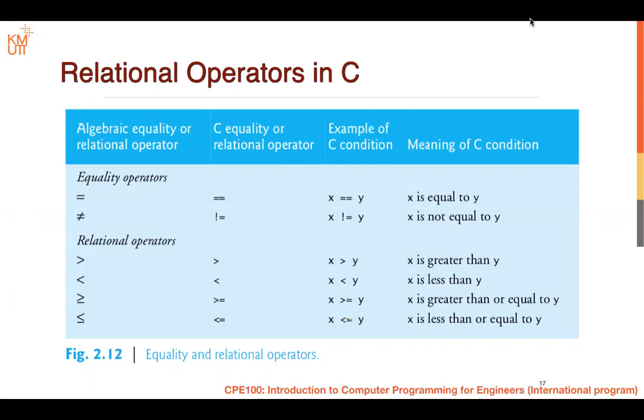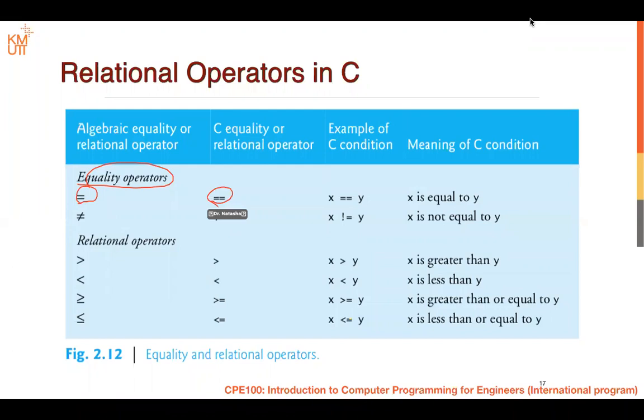We can subdivide into two parts. The first one is the equality operators, right? If you want to check for the equality of two expressions or two variables, instead of using just a single equality sign, you have to use double equal, right?